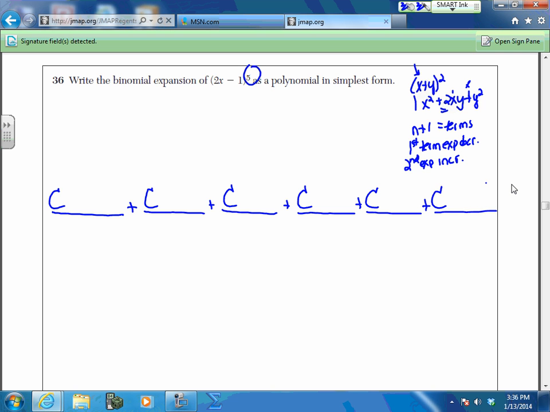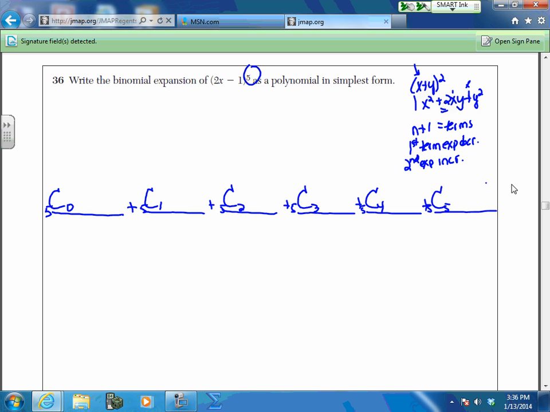You're doing this 5 times, so put a 5 on everybody. Start with 5 and work your way backwards: 4, 3, 2, 1, 0. You have to remember to start with the 0.